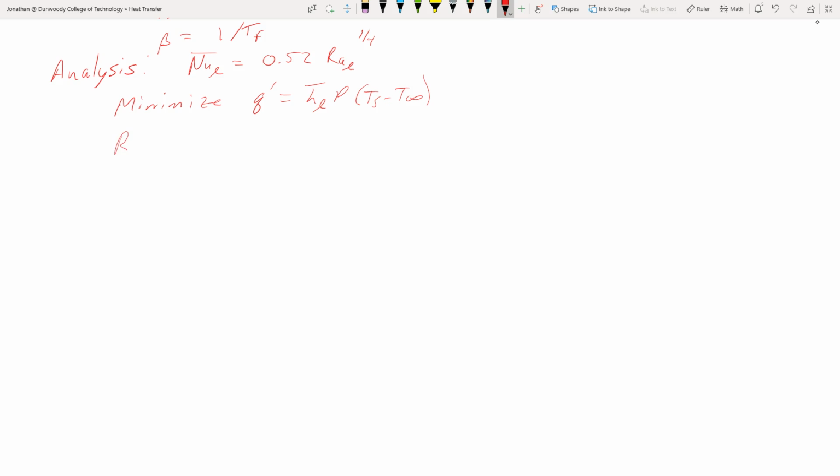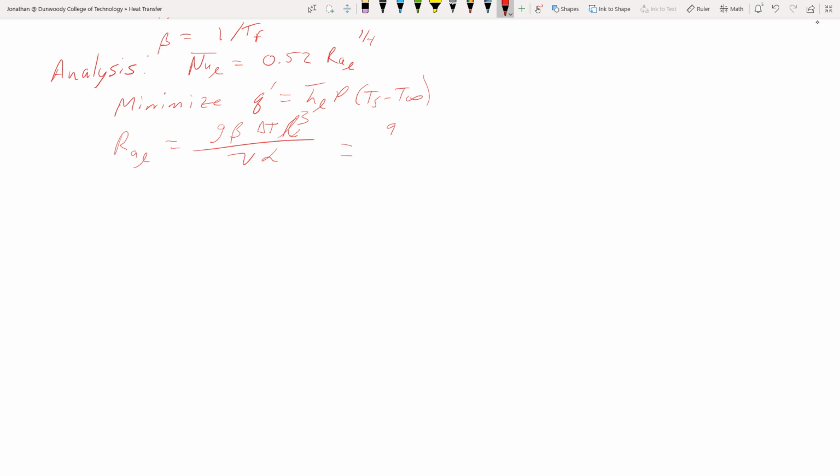Well, let's start first. We can get our Rayleigh number in terms of length. Looking back at our Rayleigh number definition, we have g times beta times delta T times L cubed over nu alpha.